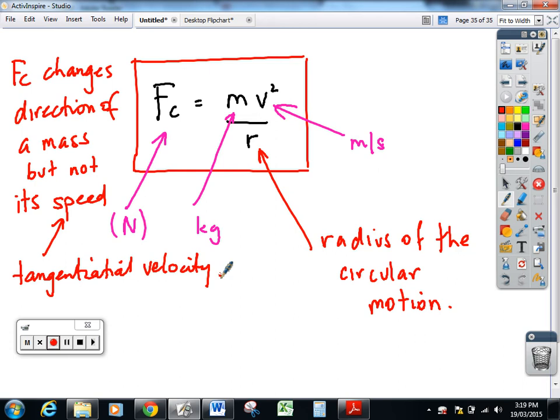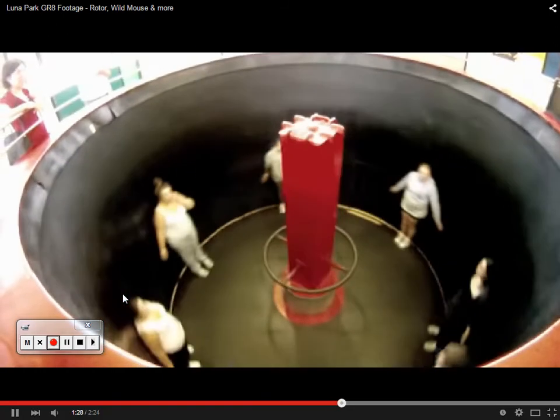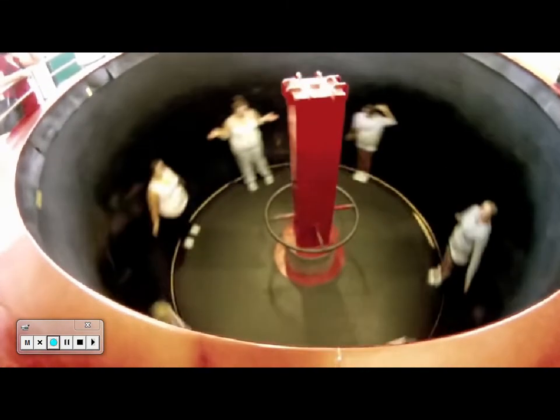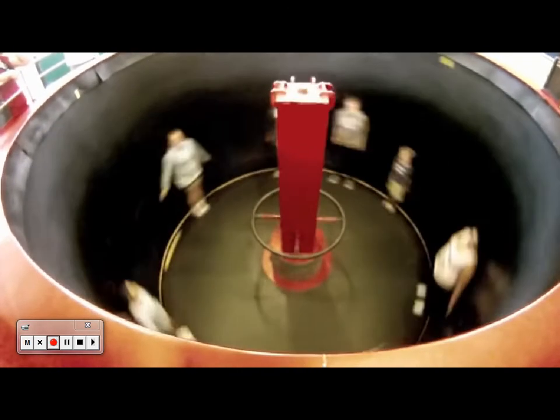Okay, now to show you how real this force actually is, we are going to have a look at a video. If you've ever been on the ride at Luna Park in Sydney, we have a ride called the Rotor. So I'll take a few moments just to talk that up. As the rotor starts to spin, these people are standing on a floor.